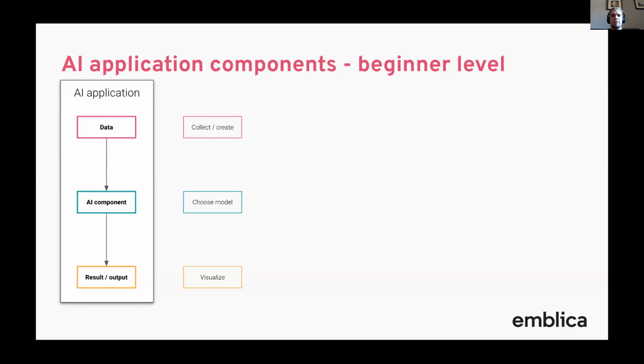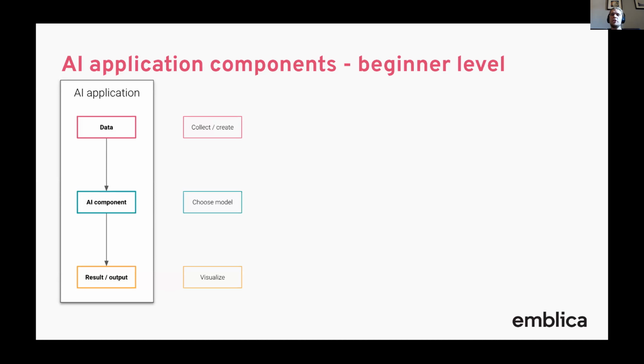You need to have some sort of data. There is no AI without data. You need the AI component that processes the data, so it does something intelligent with it, and then you have some sort of results communicated to the user. At the beginner level, we need to have that data set somehow, create, collect or access it. We need to choose a model that we will use, and we need to present these results to the end user.